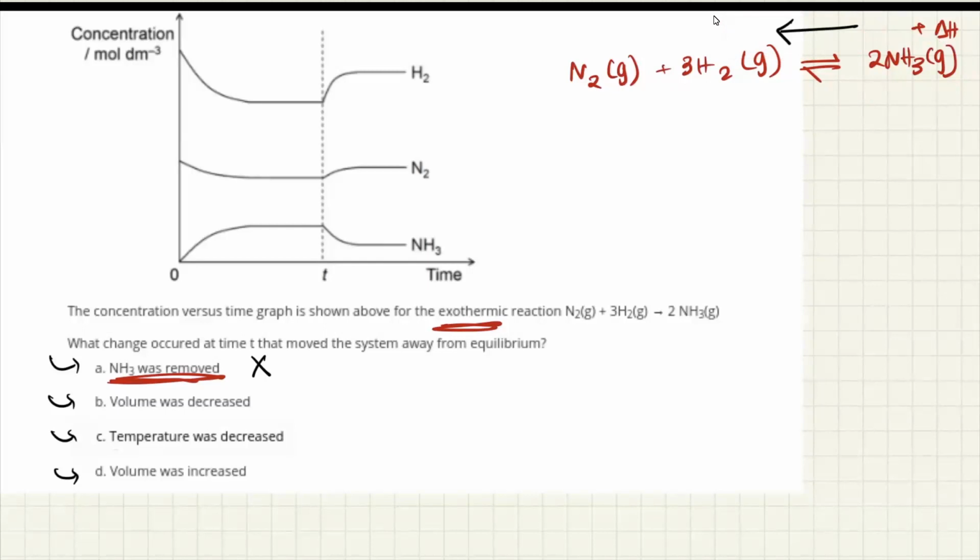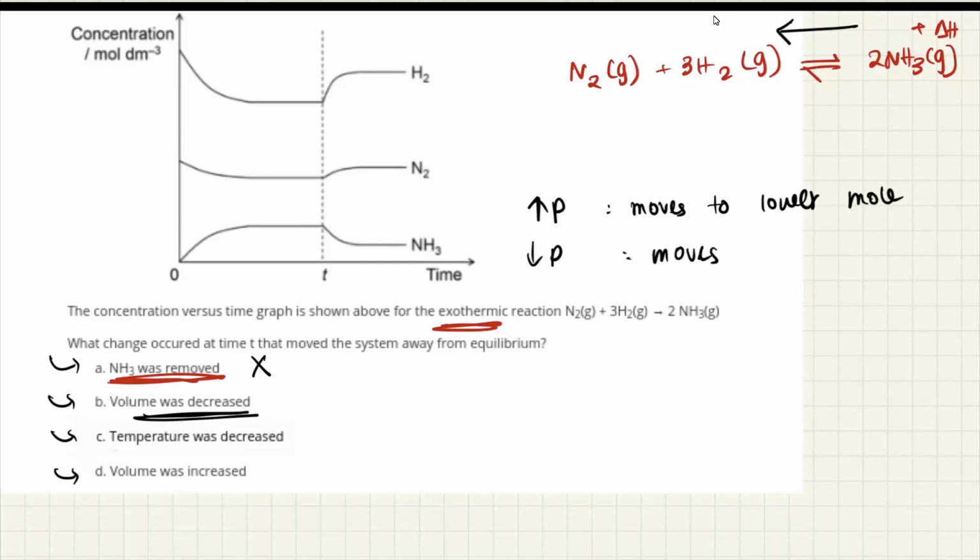Now, let's see the second option. The volume was decreased. If you watched the previous video, you would know that when we increase pressure, the reaction moves to the lower mole, and when you decrease pressure, it moves to the higher mole. It also relates to the volume.